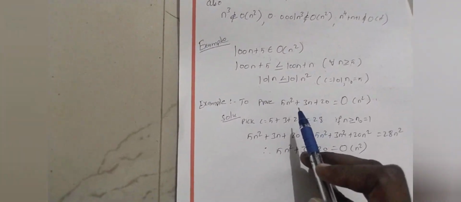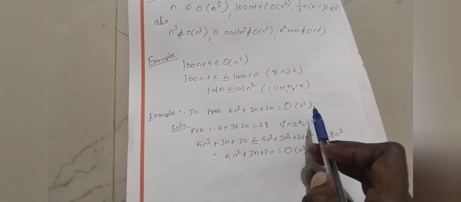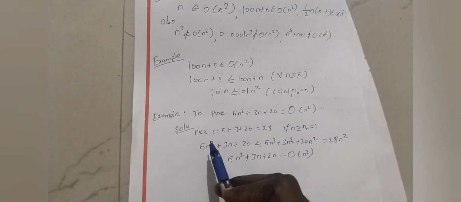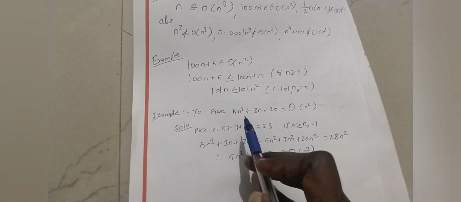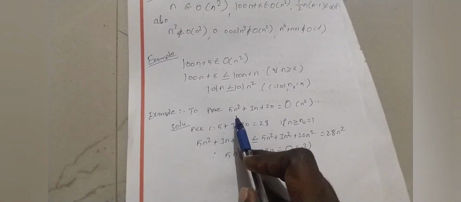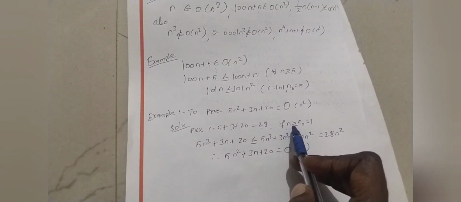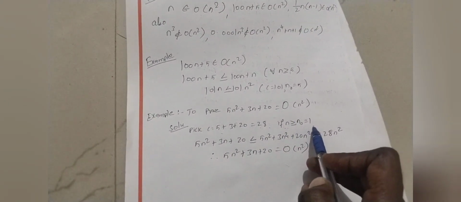to prove 5n square plus 3n plus 20 is equal to big O of n square. Solution. Initially, you have to pick all the constants in this equation. So, c is equal to 5 plus 3 plus 20 is equal to 28, and n naught is equal to 1.